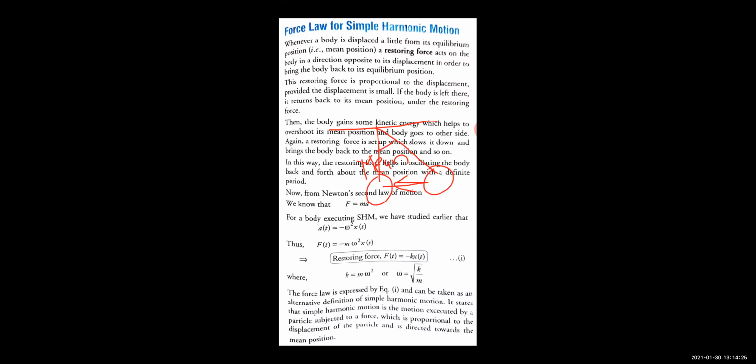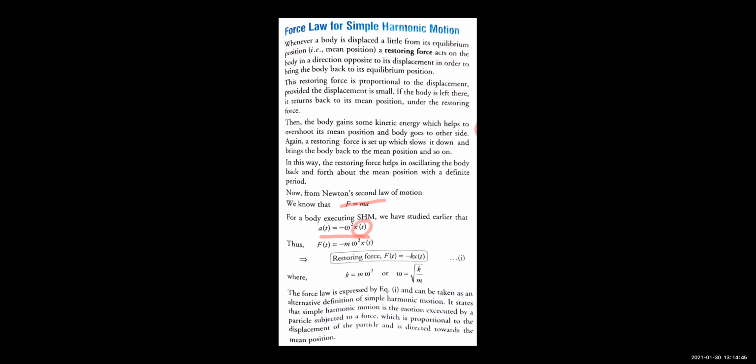So here, according to Newton's second law of motion, force equals ma. We know force equals ma. Now we just derived the acceleration, as a function of time, is minus omega square x, and x is a function of time.